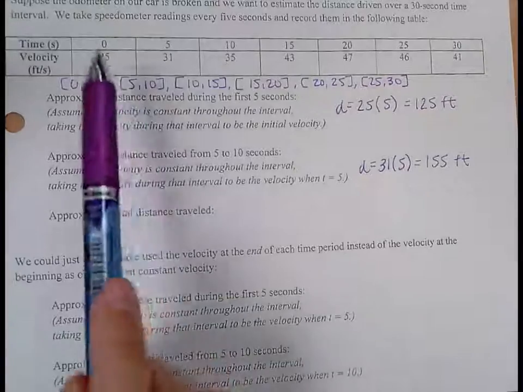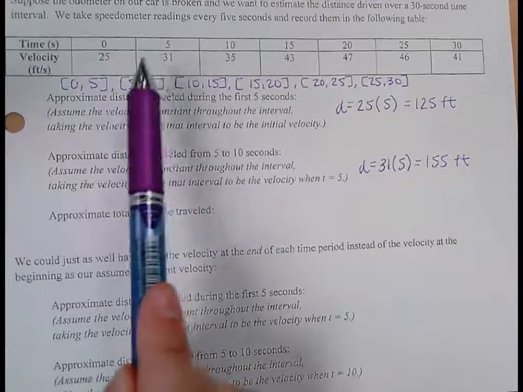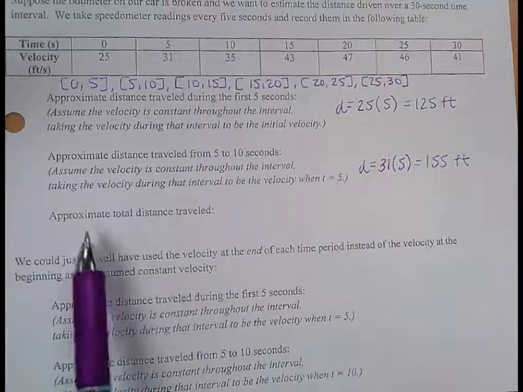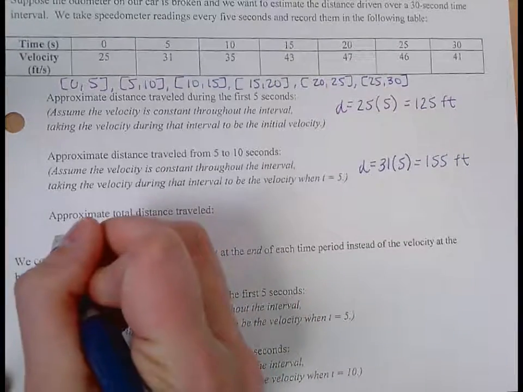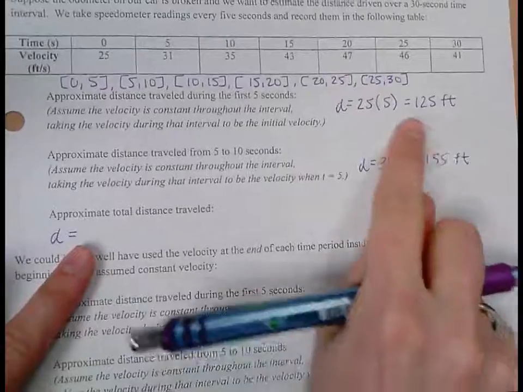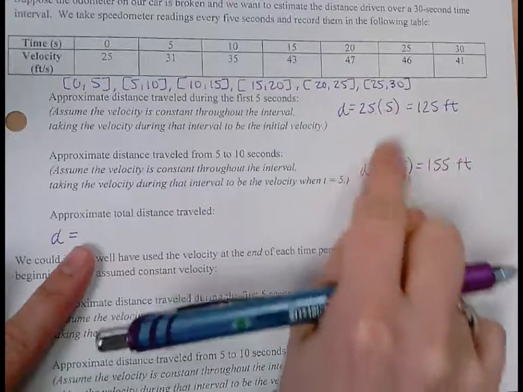For each of those 5-second intervals, you use the initial velocity of that interval. This is what it would look like if we wrote out all six intervals. The total distance would be approximately, and I'm going to rewrite these not as the final amounts in feet, but how we calculated them.